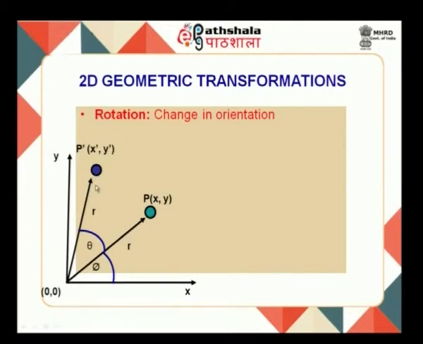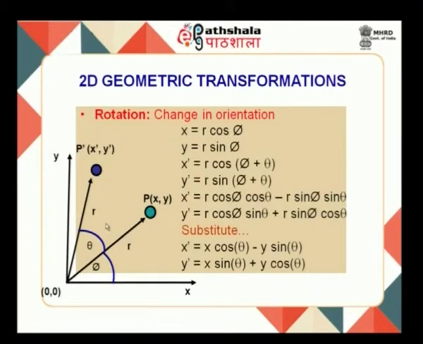Let us see how the derivation proceeds. For the position vector of the point P and the x axis, you can take the cosine of the angle phi. Cos phi is equal to adjacent side by hypotenuse, so cos phi is nothing but x by r.